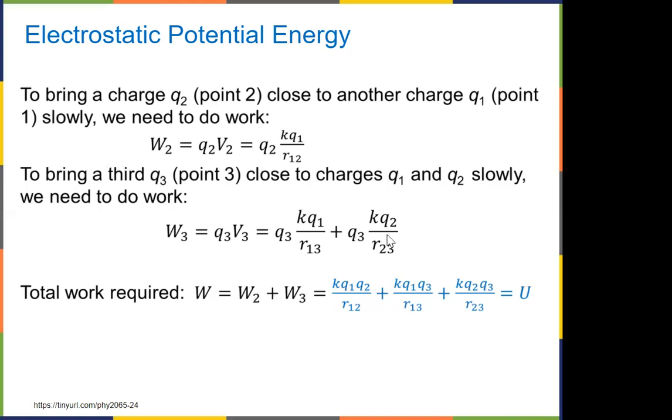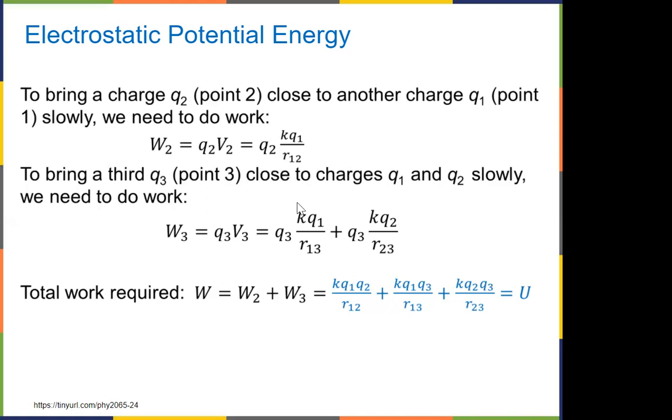So you can see that by putting those three charges close to each other in space, the total work will be the work done by bringing in the second one plus the work done by bringing in the third one. You need that much work to put the three charges close in space.